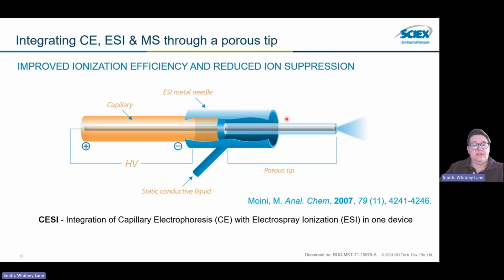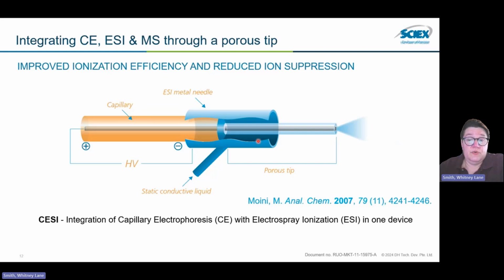Like I said, it's sheathless, and the end of the separation capillary is etched so that it's porous, and your conductive liquid comes and surrounds your separation capillary so that you have a completed electrical circuit. This allows us to minimize or reduce the dilution effect from a sheath flow MS setup.